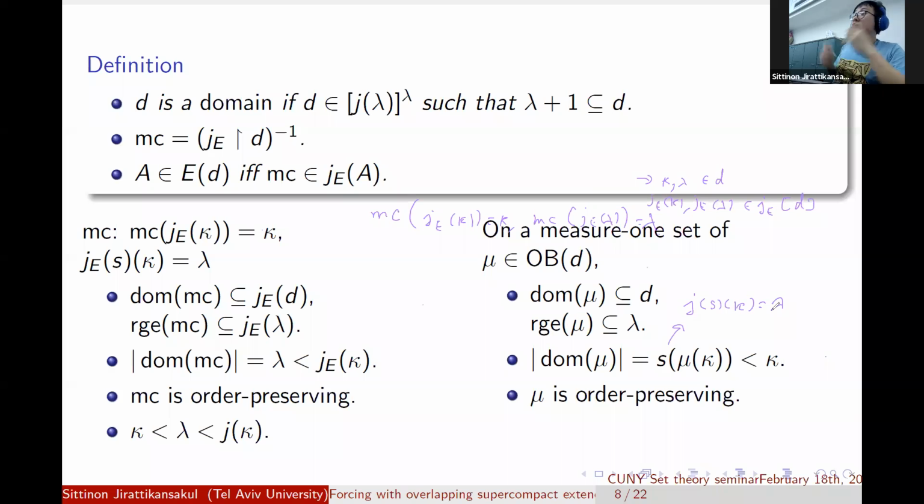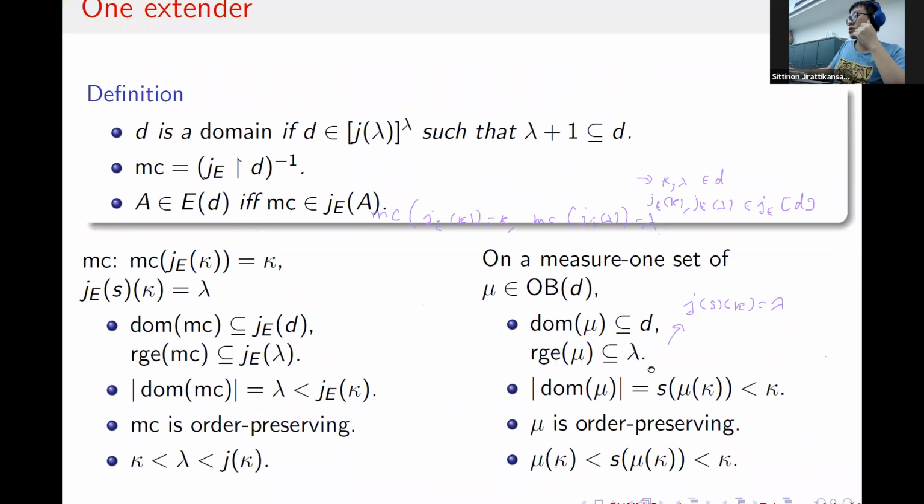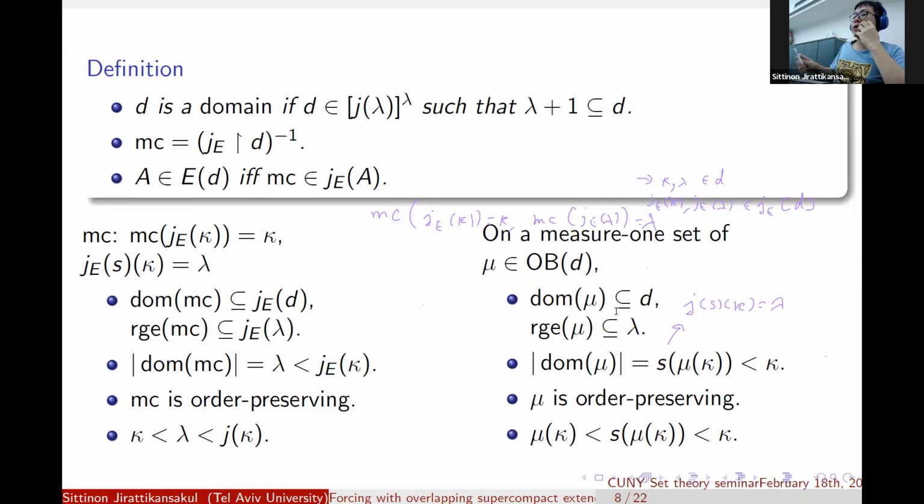So that is a measure one set of mu such that the size of the domain of mu is exactly S mu of kappa. And you can also say mu is order preserving. And I think that's all for the last bullet. Since kappa is less than lambda is less than J of kappa, that's a measure one set of mu such that mu of kappa is less than S of mu of kappa is less than kappa.